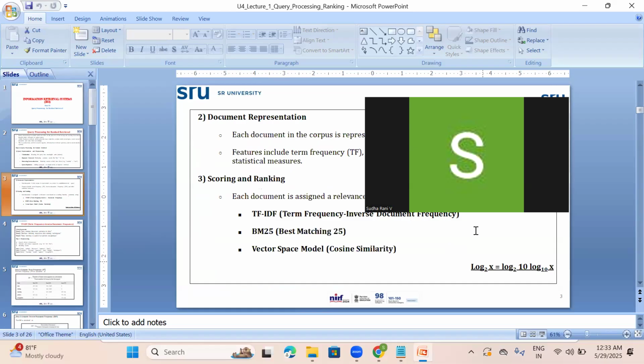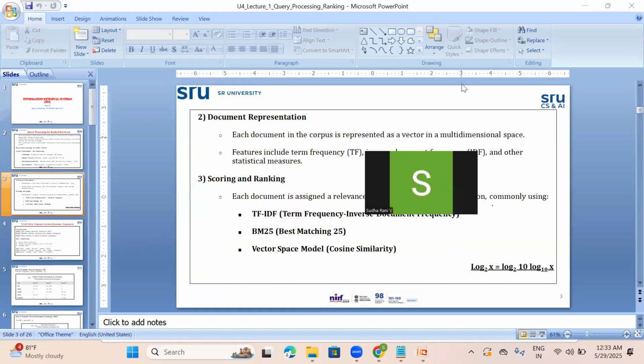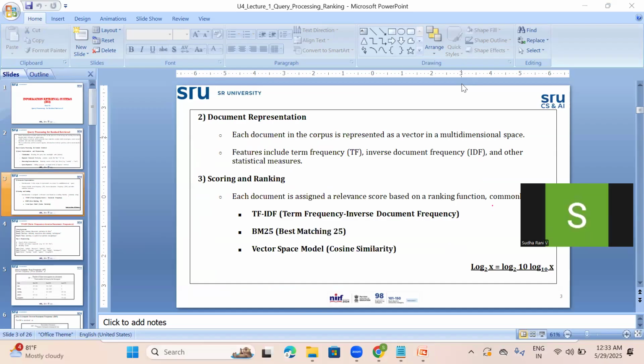Document representation. Each document in the corpus is represented as a vector in a multidimensional space. Features include term frequency, inverse document frequency, and other statistical measures. Scoring and ranking: each document is assigned a relevance score based on a ranking function.